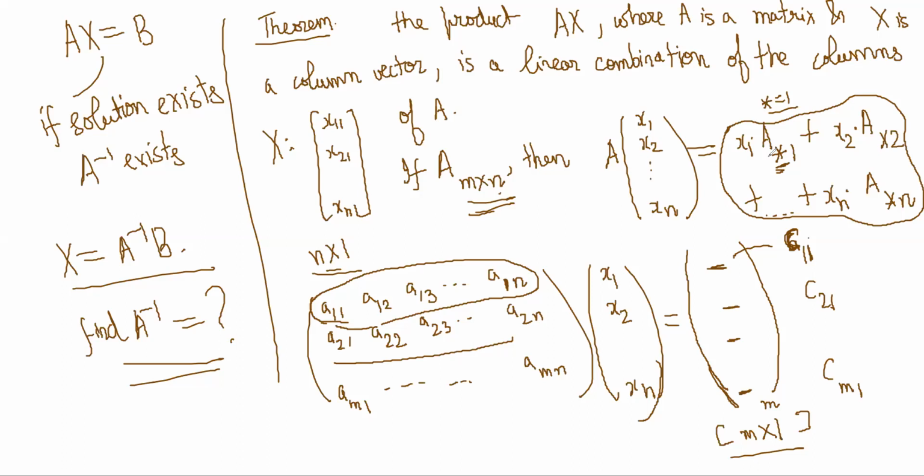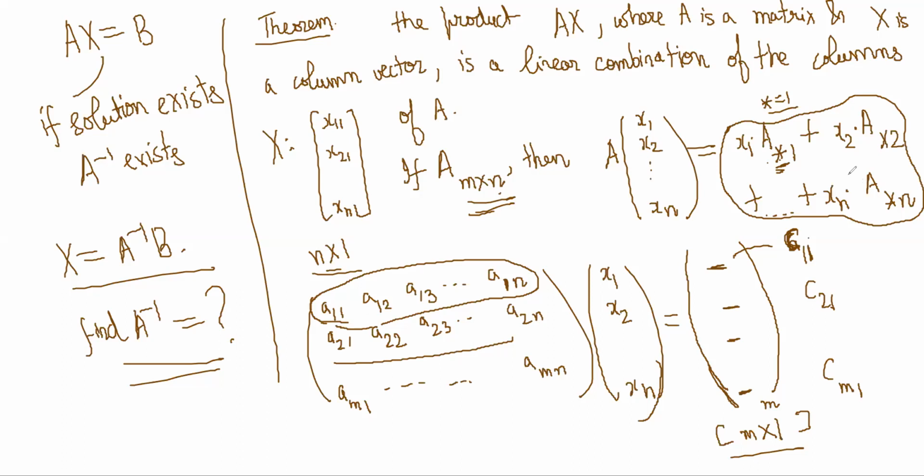So, are you following? This becomes x1 into A11, x2 into A12, until A1n. That will be C11. Then C21 will be when star is 2.